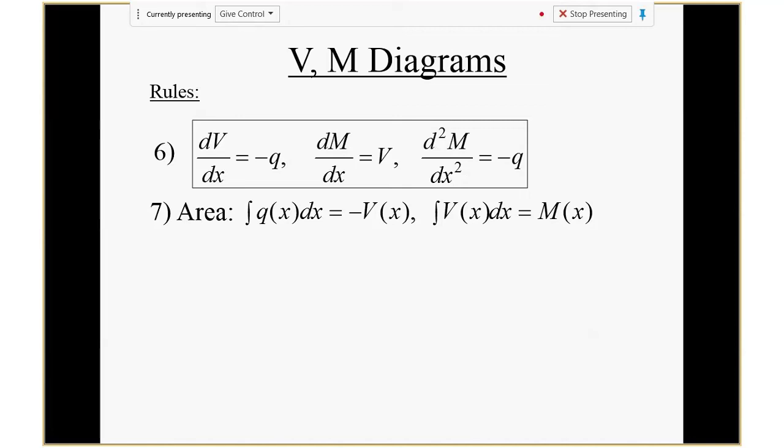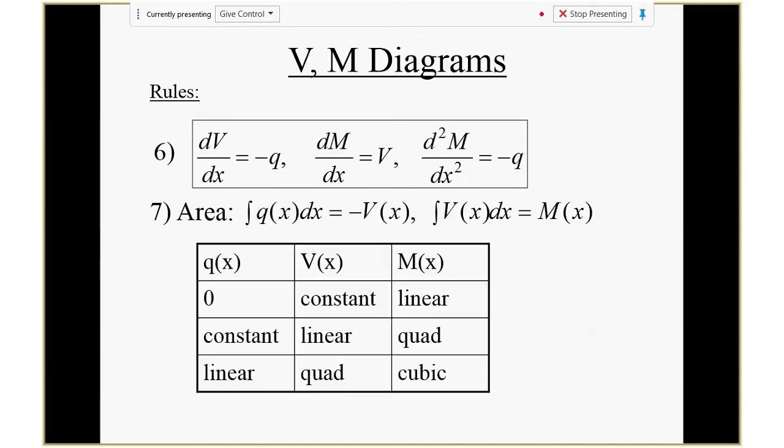The change in M is equal to the area of the V between these two locations, so you can put the limits there, from A to B. The change in V from A to B equals the integral of q from A to B, and the change in M from A to B equals the integral of V from A to B.